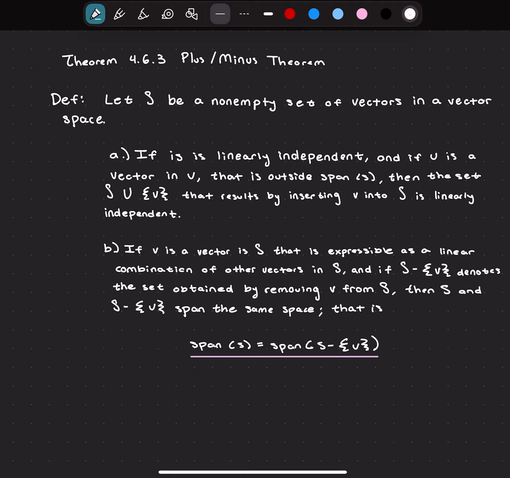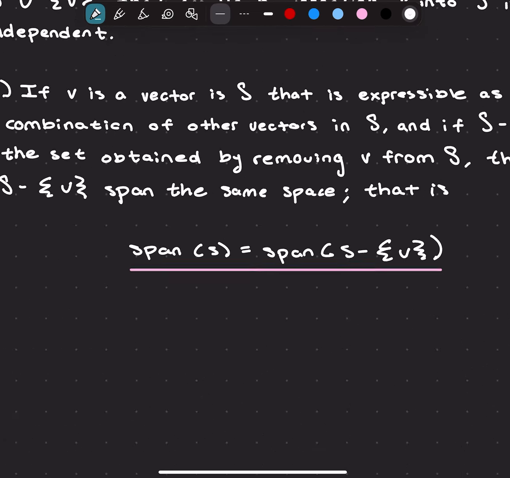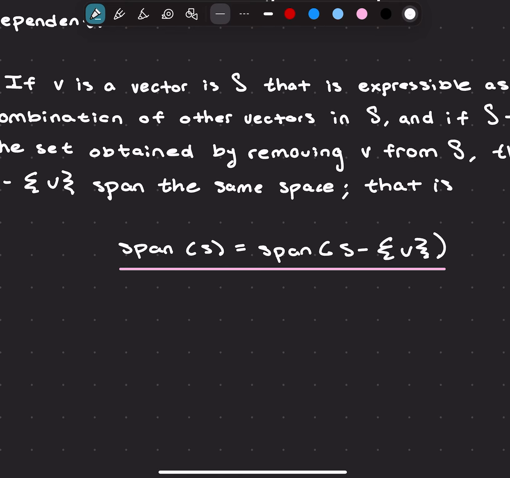If v is a vector in S that is expressible as a linear combination of other vectors in S, and if S minus v denotes the set obtained by removing v from S, then S minus v spans the same space. We are then left with span of S equals the span of S minus v.